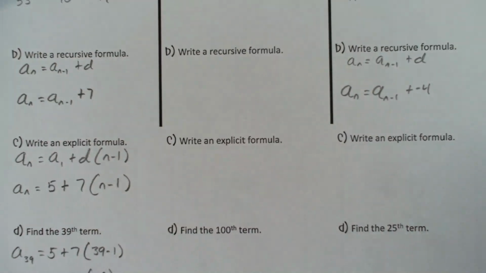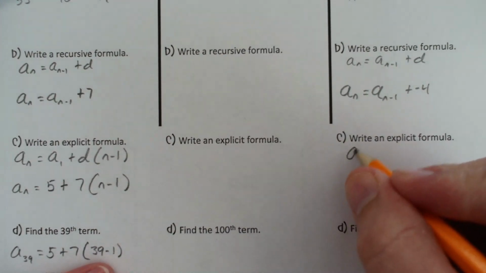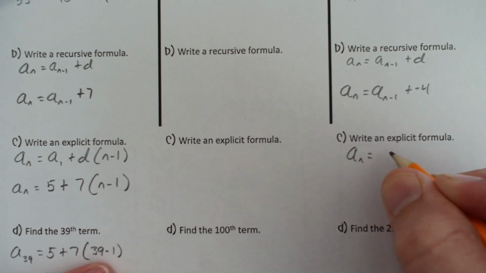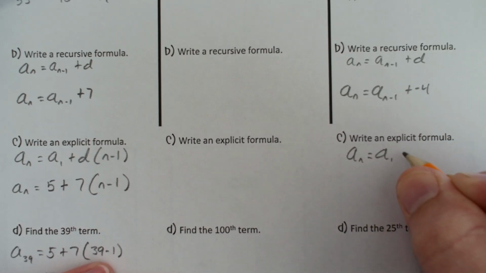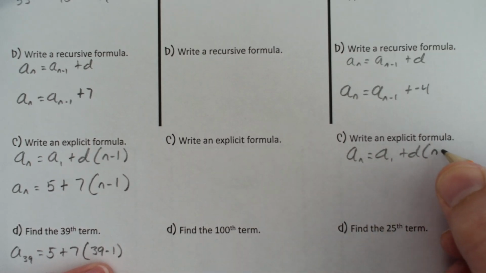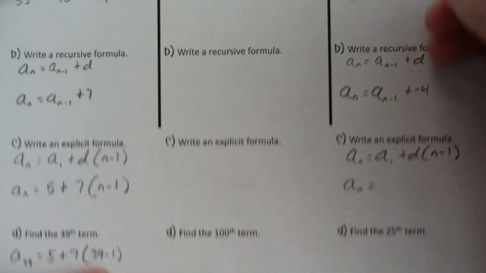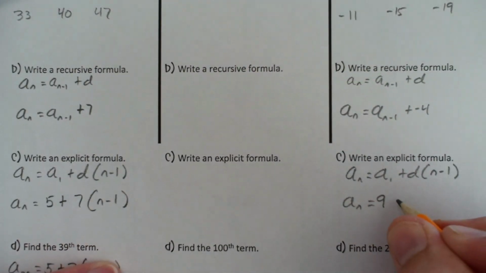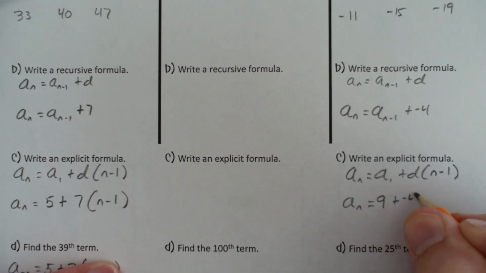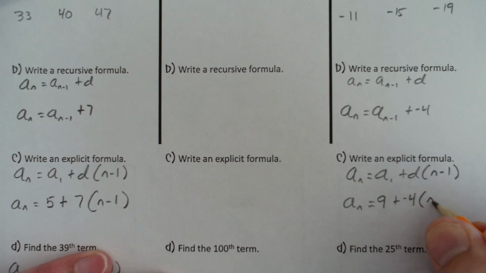The explicit formula, this is a_n equals a_1 plus d times (n minus 1). So a_n equals my very, very first term, which is 9, plus a negative 4 times (n minus 1).